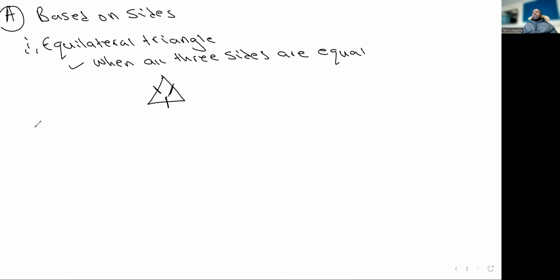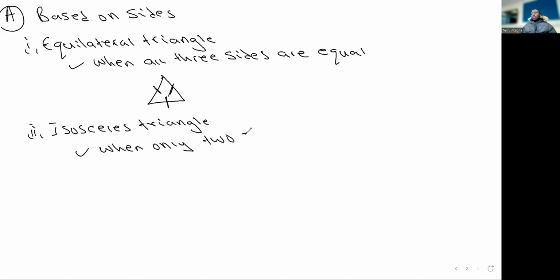The next one is what we call the isosceles triangle. Here, only 2 sides are equal, just 2, not 3. So you have a triangle where this side is equal to this side.